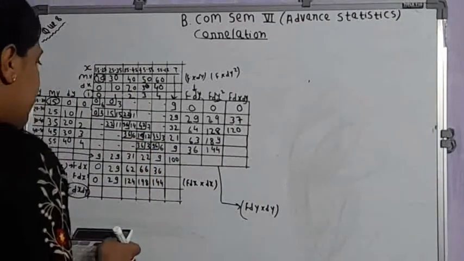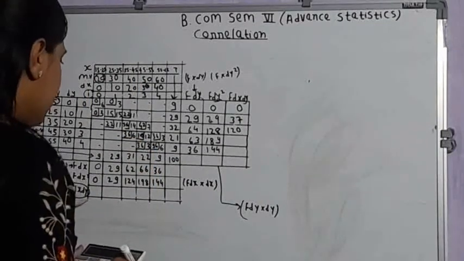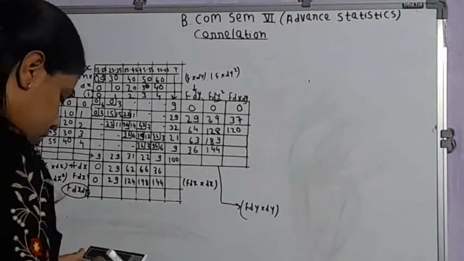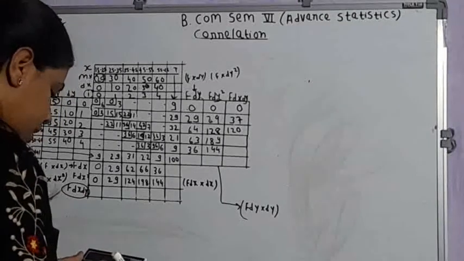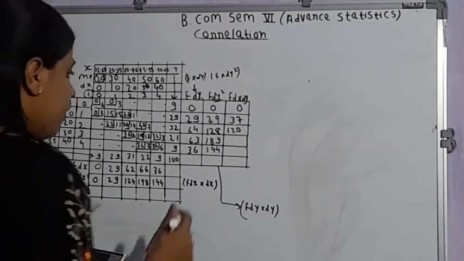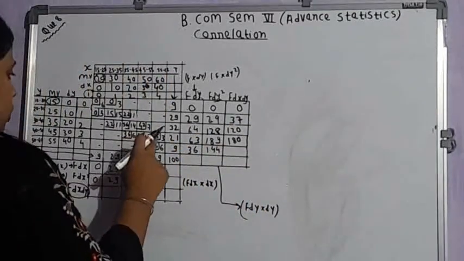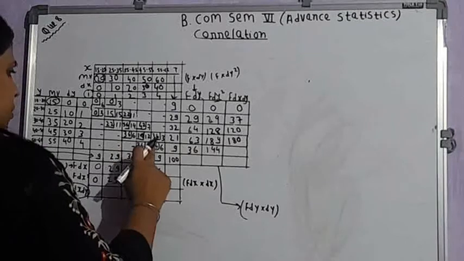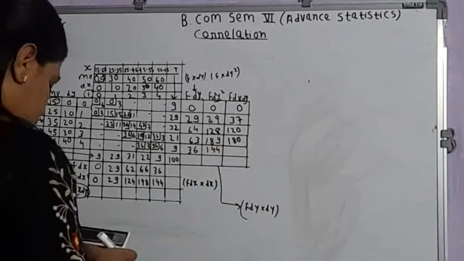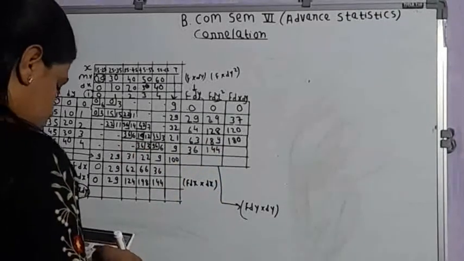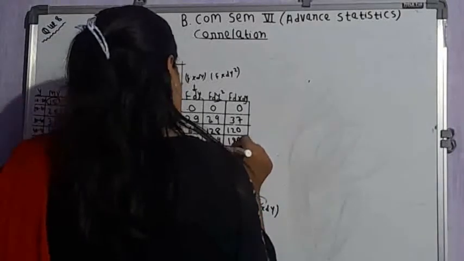Then 36 plus 108 plus 36 would be 180. Then 36 plus 96 would come to 132.